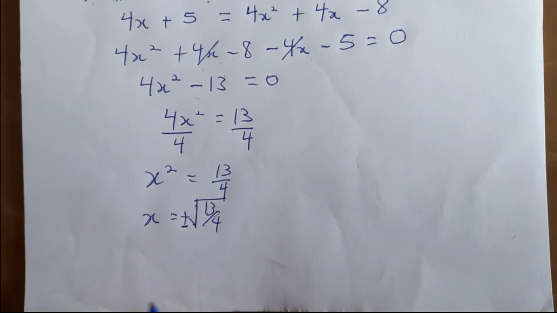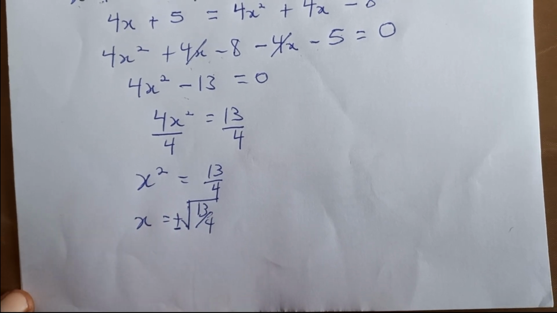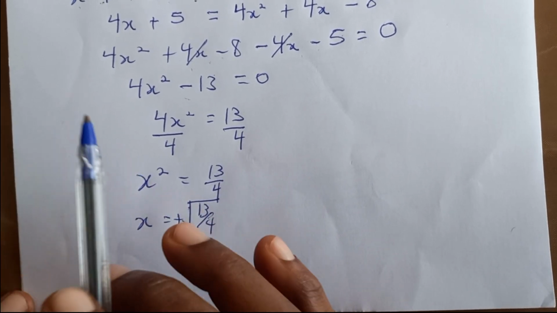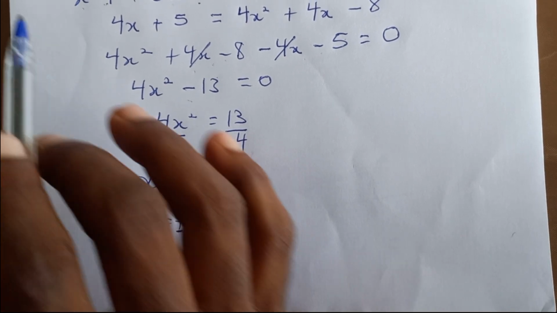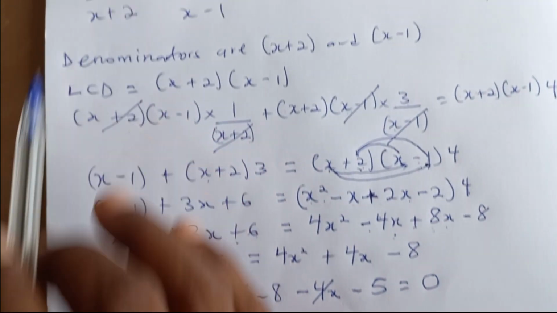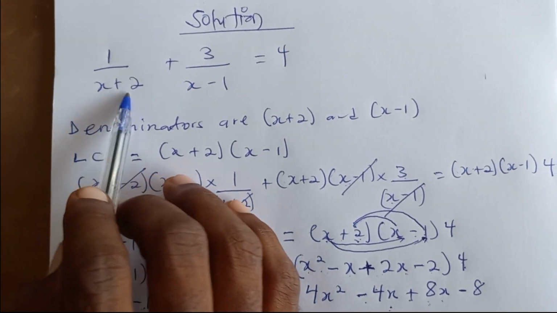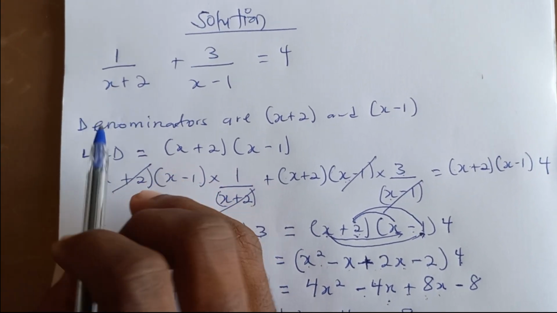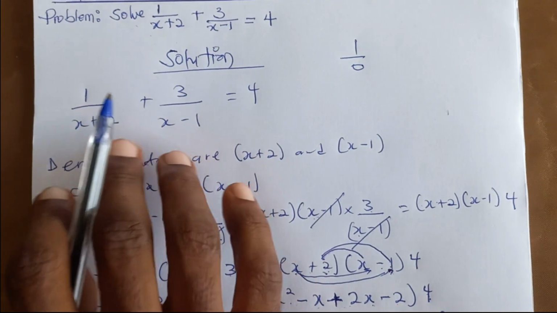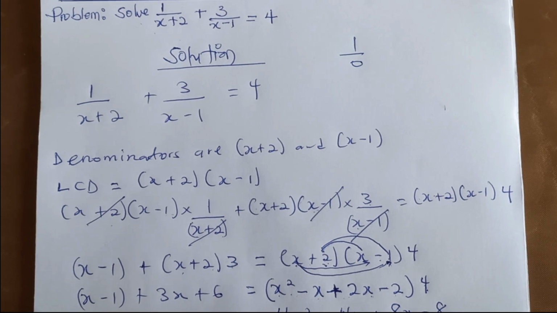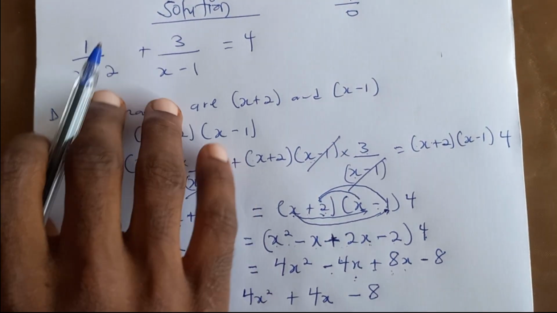Good. So now we check for the extraneous solution. What it means is that since it's a rational equation, the value of x should not make the denominator 0. That is, when you put the value of x here, it shouldn't be 0. Something like 1 over 0? No, because it will make the equation undefined. Do you get it? So you have to do the checking.